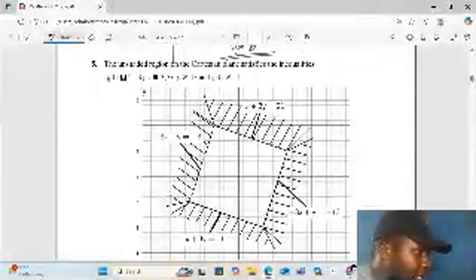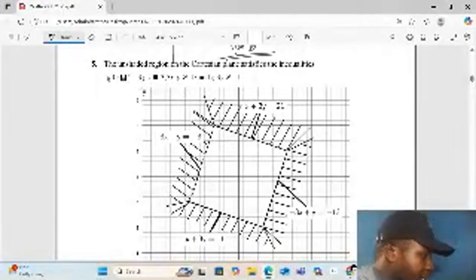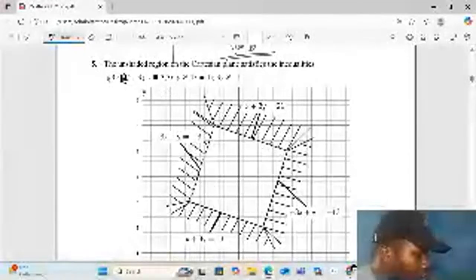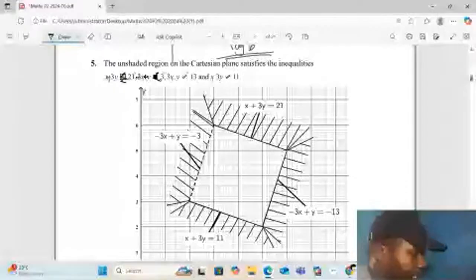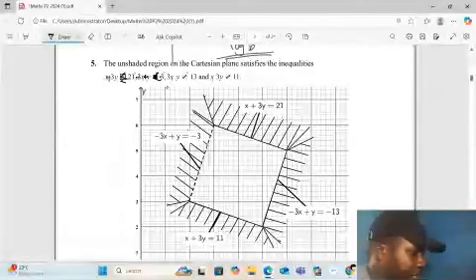Now, the inequalities are 3x plus 3y less than or equal to 21. Then we have negative 3x plus y less than 3.